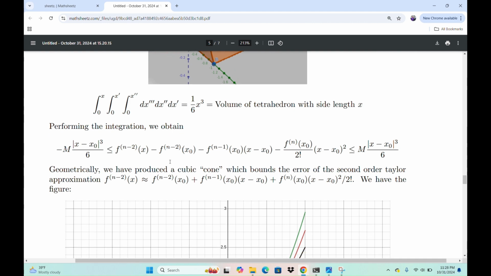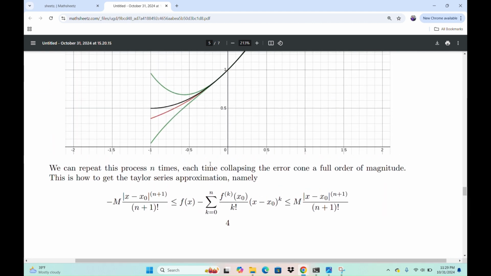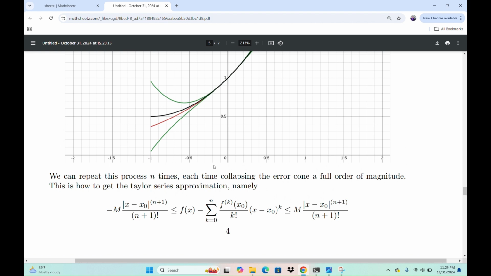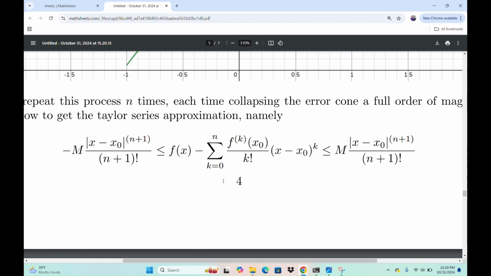Okay? So this is how I think that I would come up with the Taylor series, right? Like, I would start with the bare bones of what I know, which is the bound of the nth plus 1 derivative. The nth plus 1 derivative is bounded between negative m and m. I would start there and just start integrating.